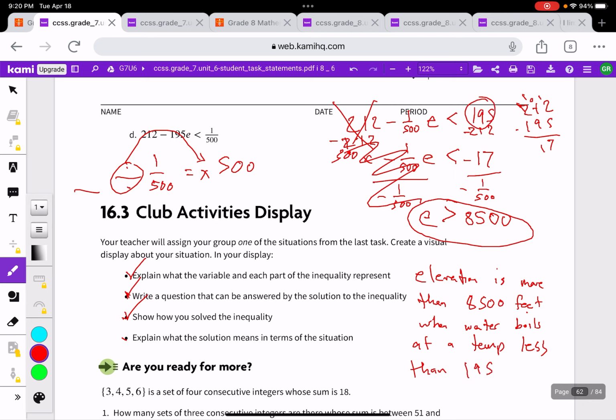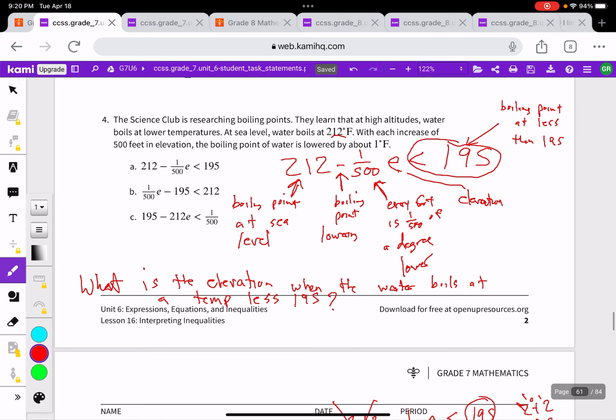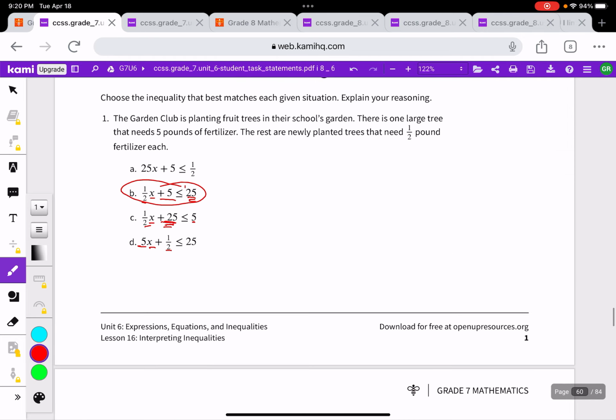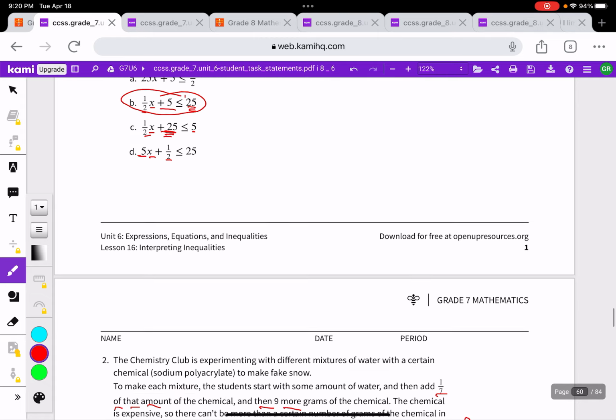This is where that 195 comes from. So that was that problem. That was number 4. You can choose 1, 2, or 3.